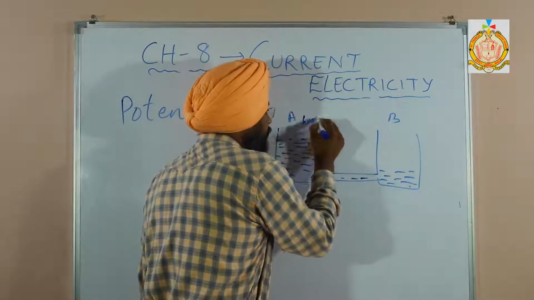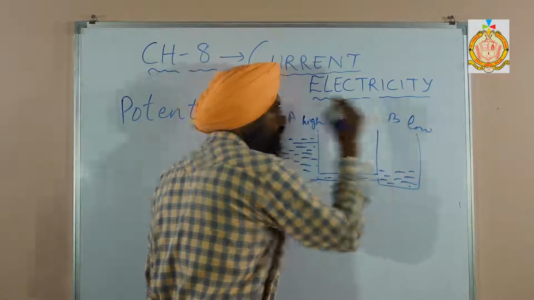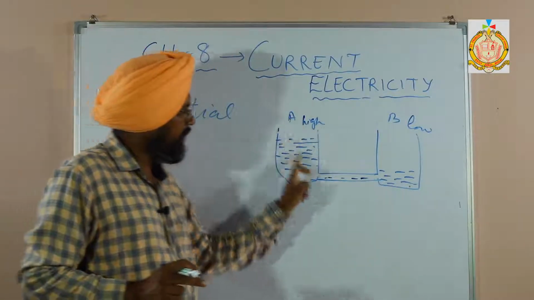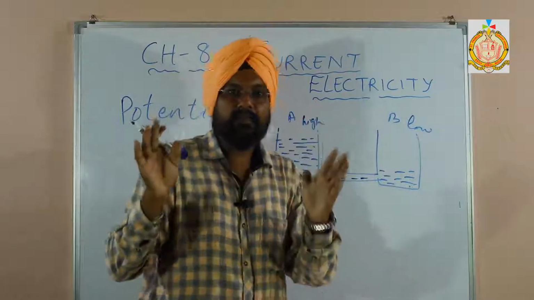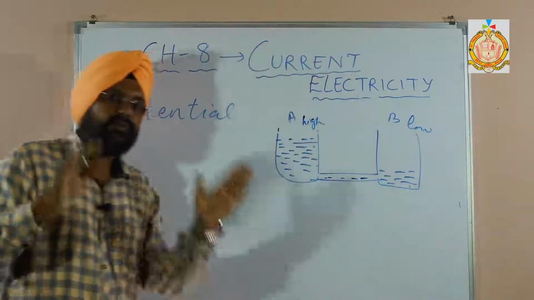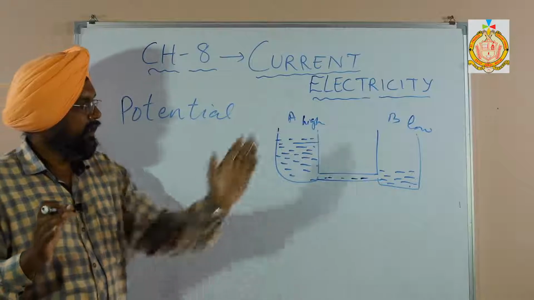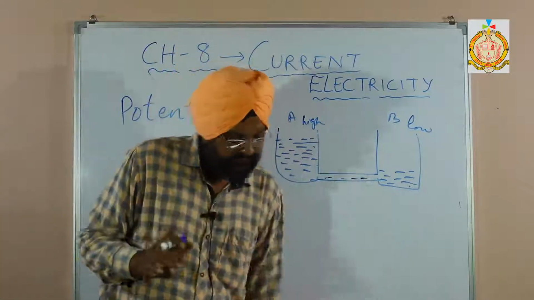This is high potential, this is low potential. So charges flow from high to low, as current flows from positive to negative, whereas electrons flow from negative to positive.